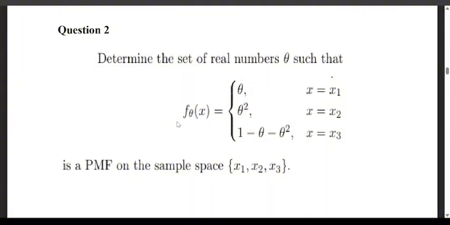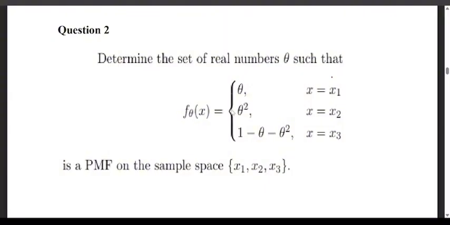Now, if you take a look at this question, you've been told that it's a PMF. You know what PMF means? The PMF means probability mass function. So what you actually need to do is to investigate whether the Kolmogorov axioms hold.